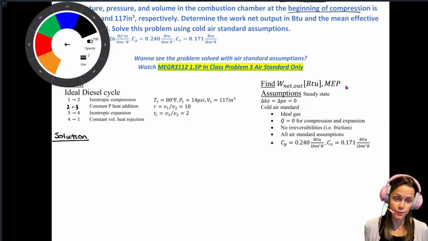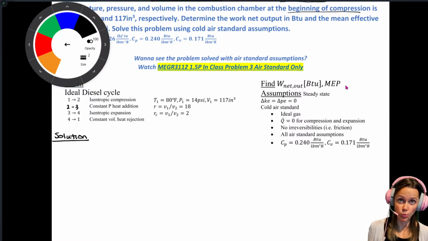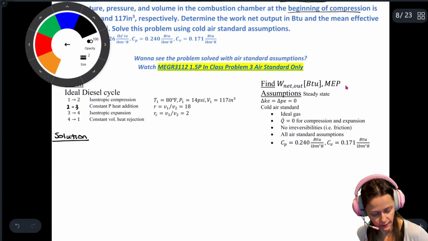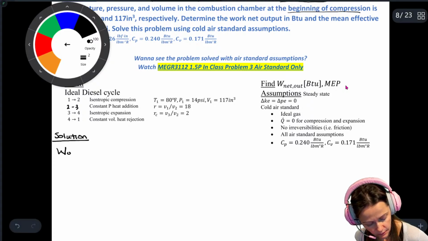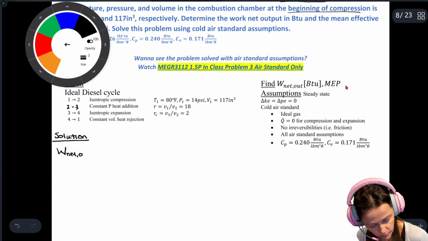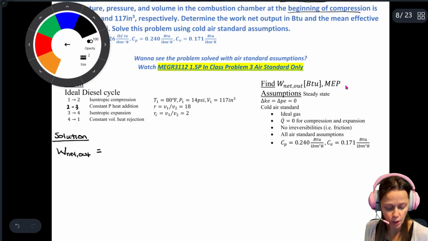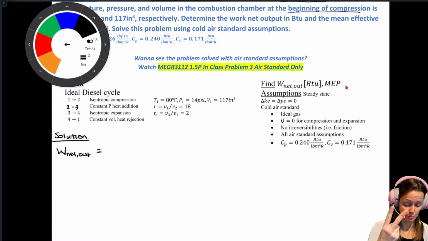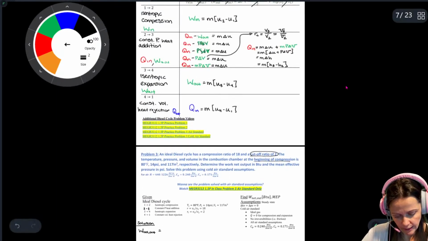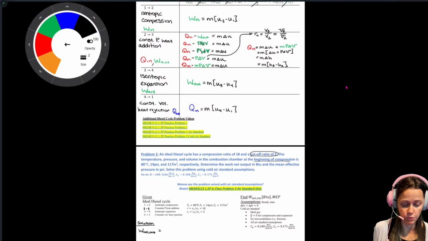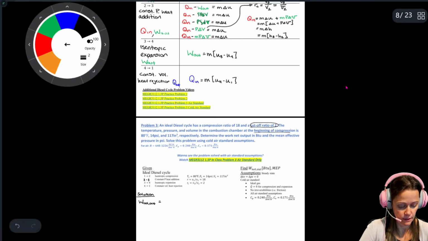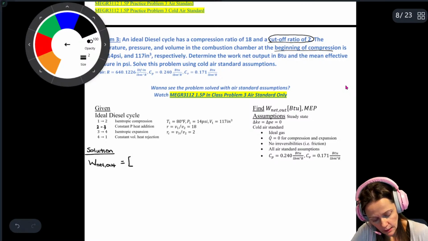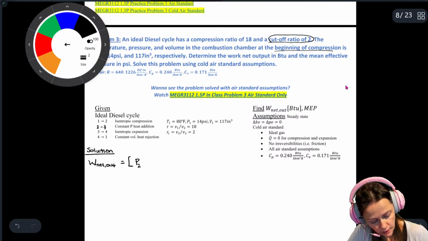With the work net out, it's any work out minus any work in. So if we define it like that, we're going to have 2 work out terms, remember, right? We've got the one from 2 to 3 and the one from 3 to 4. So the one from 2 to 3 is P delta V. So that would be P times V3 minus V2.